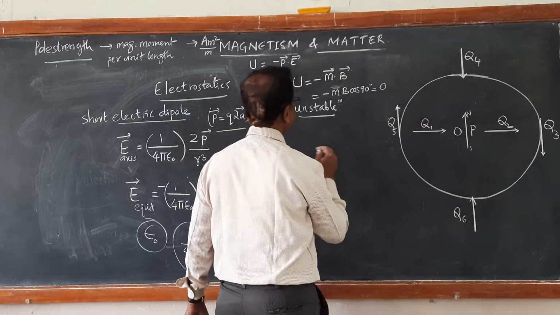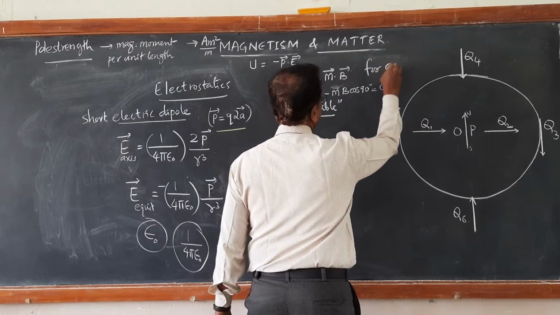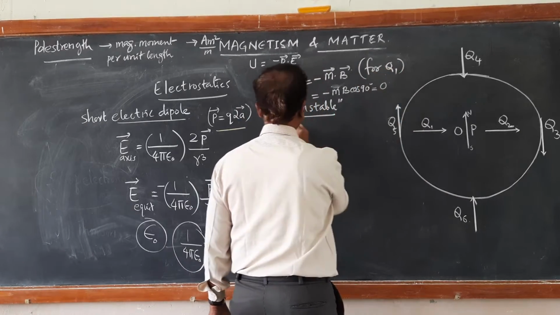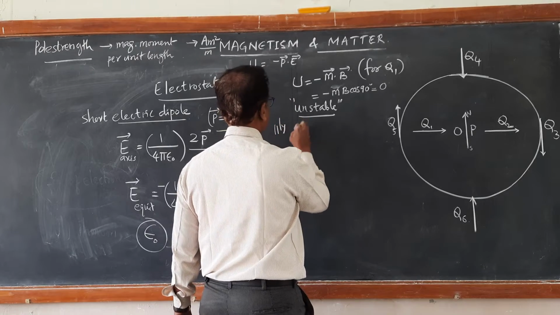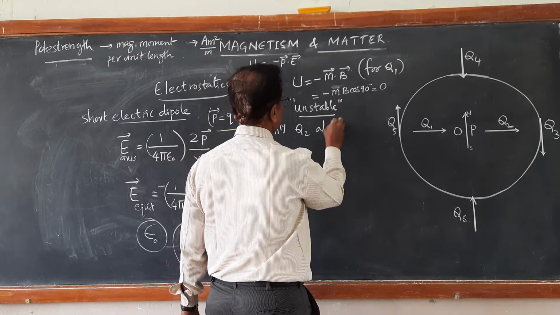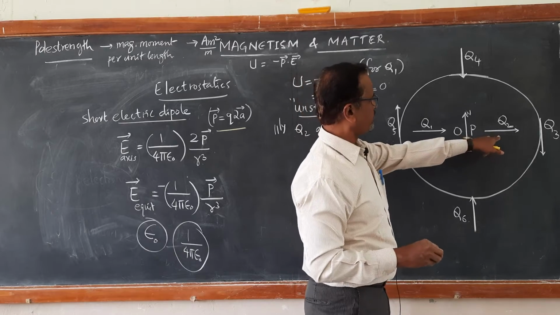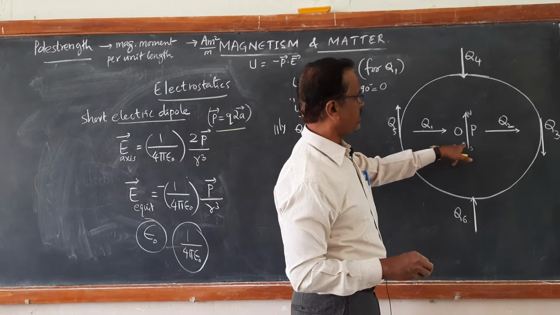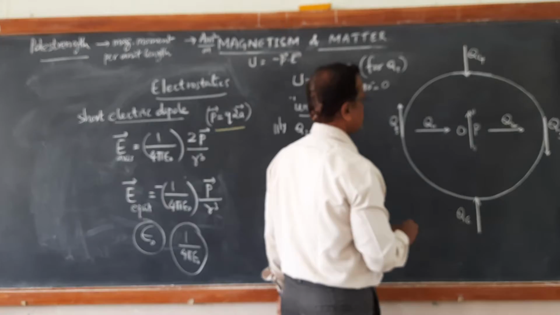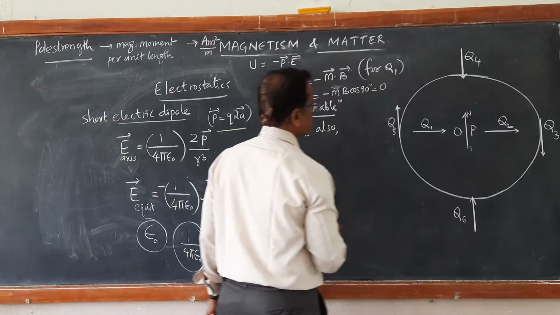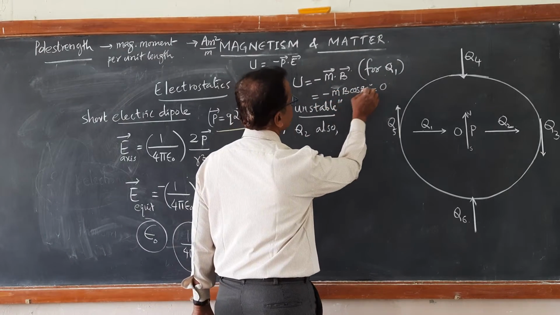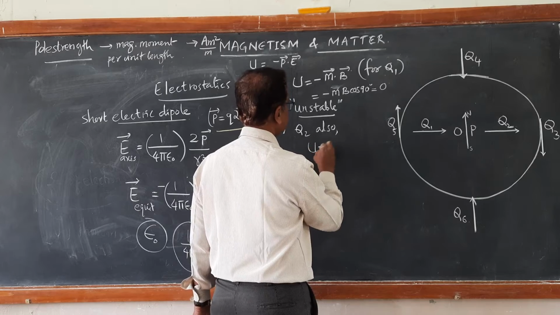Similarly for Q2, you see again the angle between magnetic moment and the magnetic field is perpendicular. So as a result, what happens? Again you will get minus mB cos 90, again potential energy is 0.